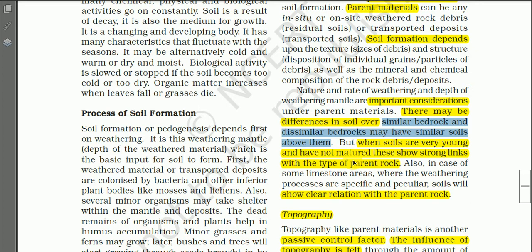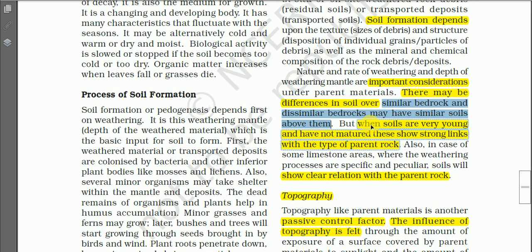But see, when soils are very young and have not matured, they show strong links with the type of parent rock. When soils are not very old and not matured, there is a very close relationship between the parent material and the type of soil.